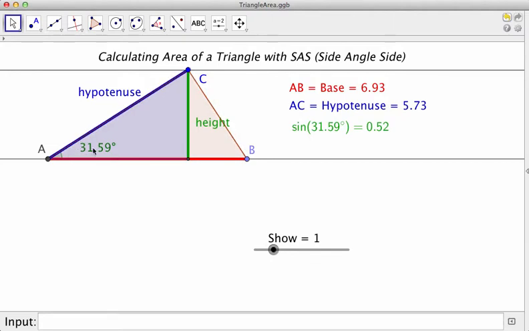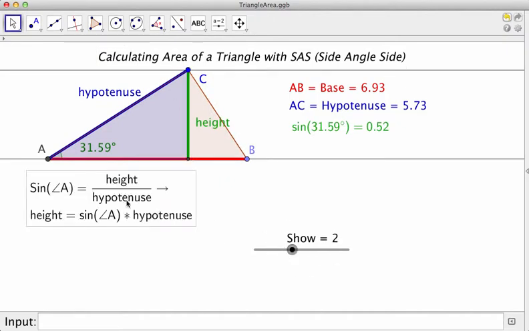So we have that the sine of 31.59 degrees is equal to 0.52, and we also know that the sine of 31.59 degrees is equal to the ratio of the height over the hypotenuse. So since the sine of angle A is equal to the height over the hypotenuse, the height is equal to the sine of angle A times the hypotenuse. In other words, we multiply both sides times the hypotenuse.